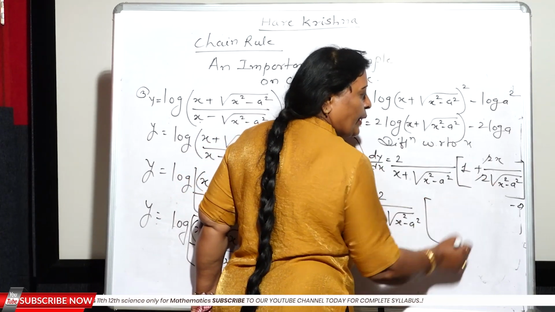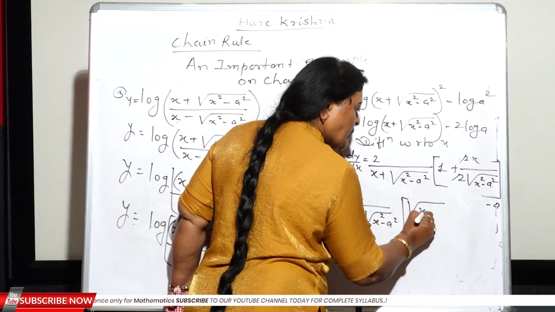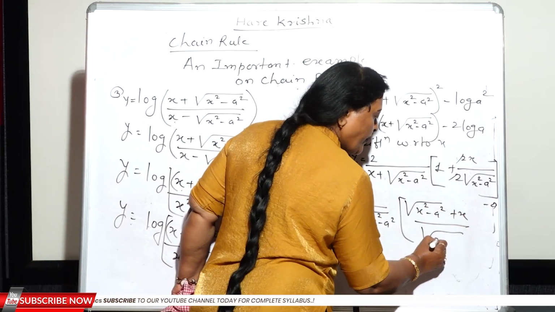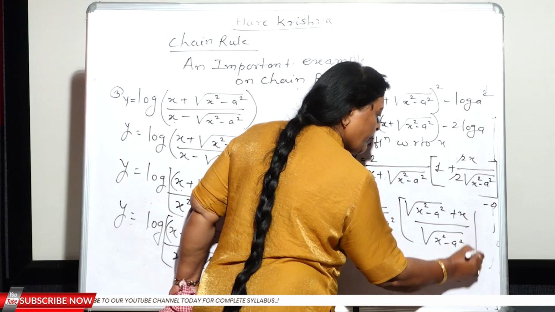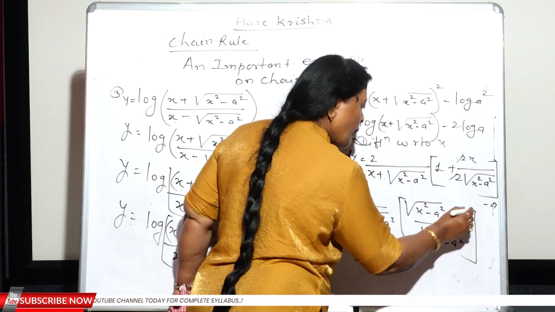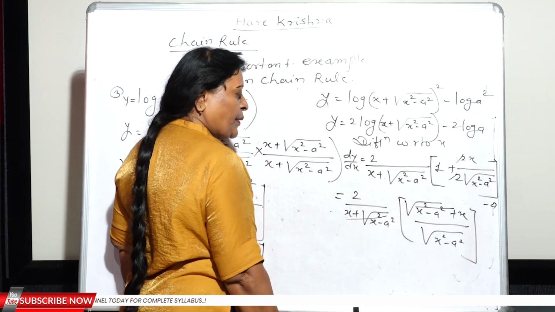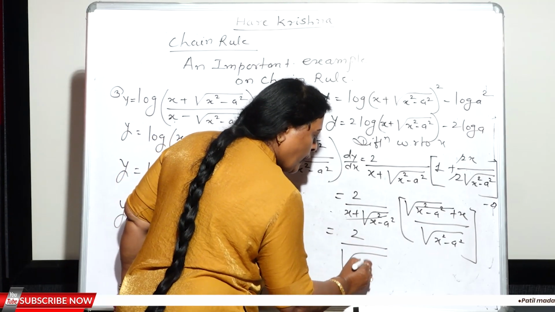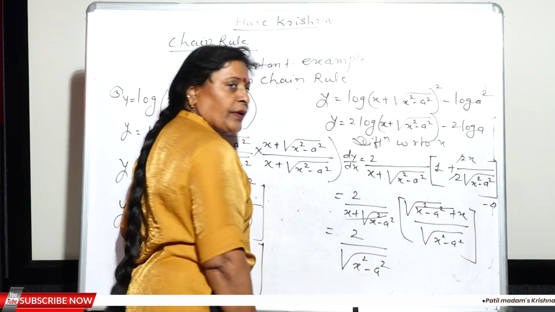Here again 2 gets cancelled, root of x square minus a square plus x divided by root of x square minus a square, right? Same term in the numerator, same term in the denominator get cancelled, and the result is 2 divided by root of x square minus a square.